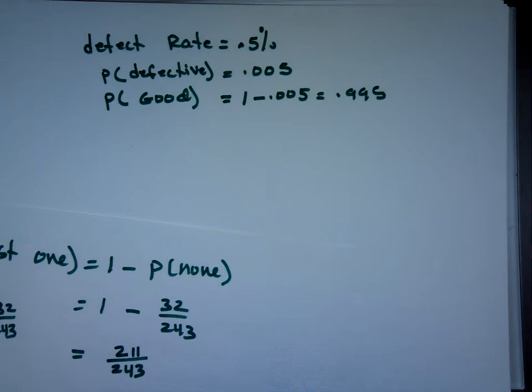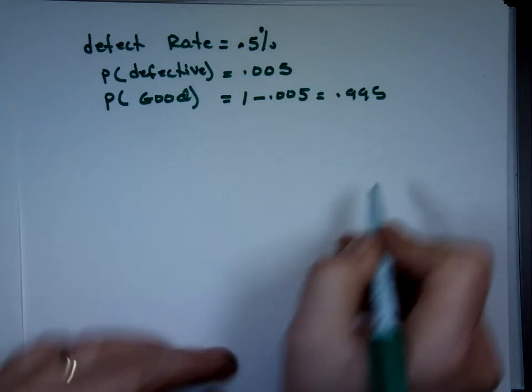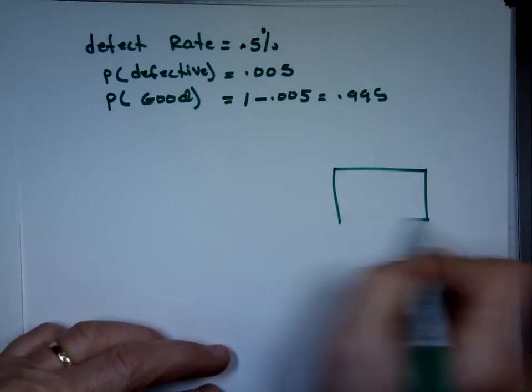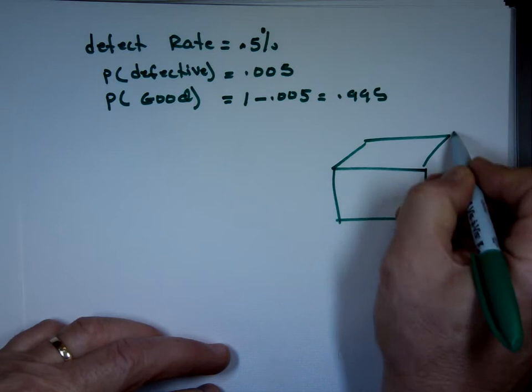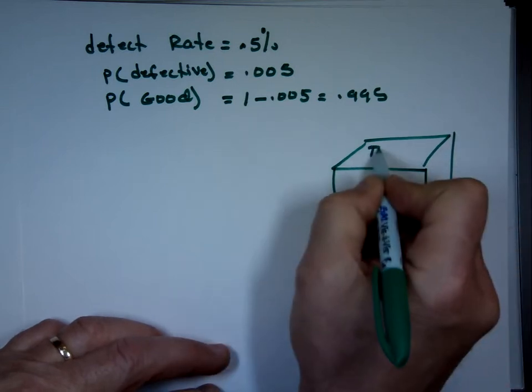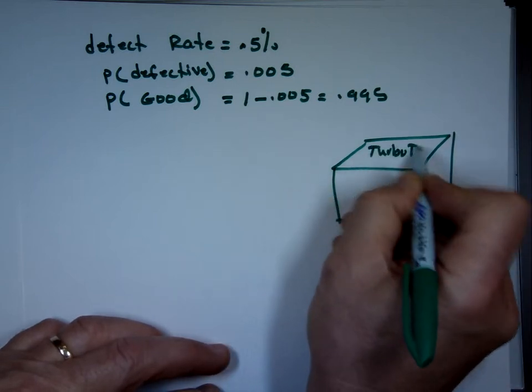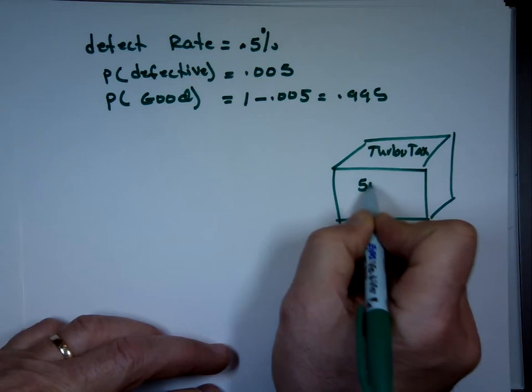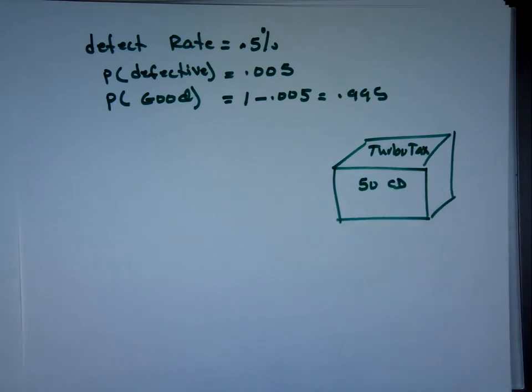Now Costco gets a box of CDs from TurboTax. The box is labeled TurboTax, and it says 50 CDs on it. 50 of them.